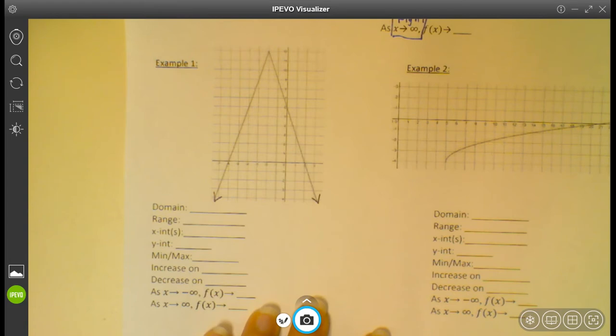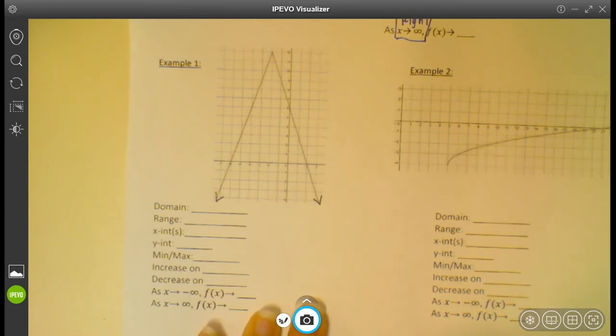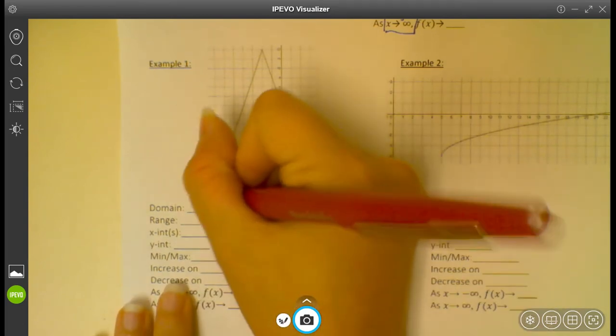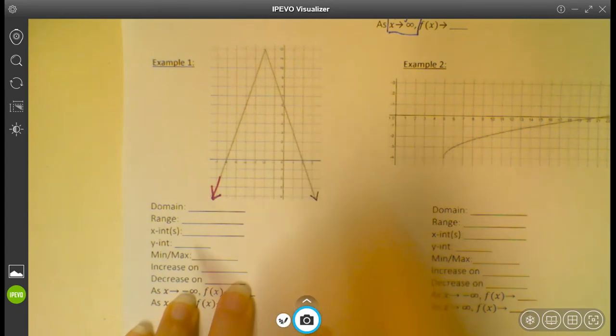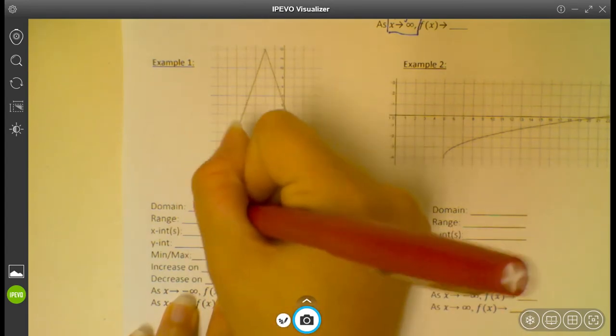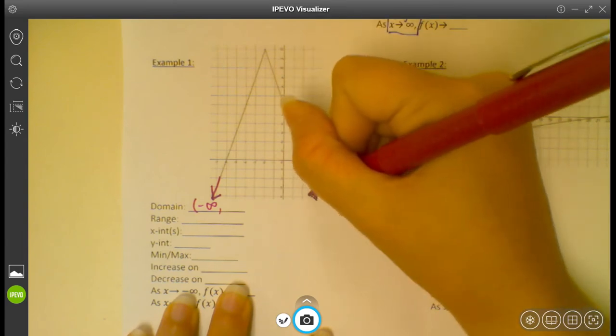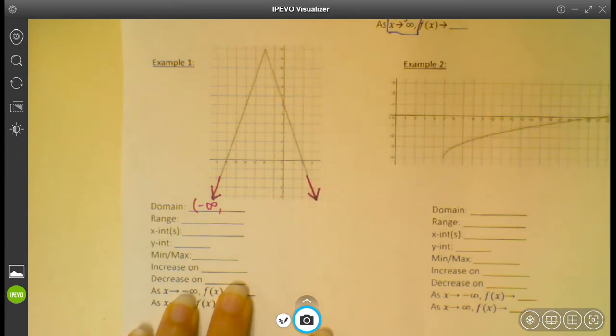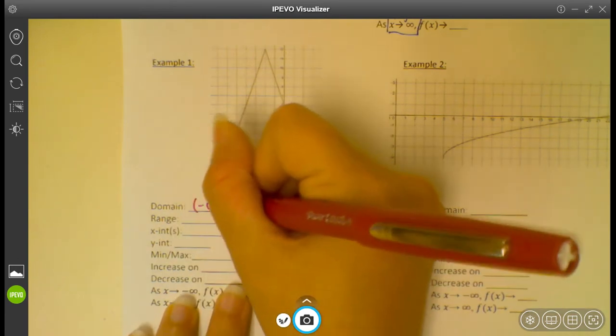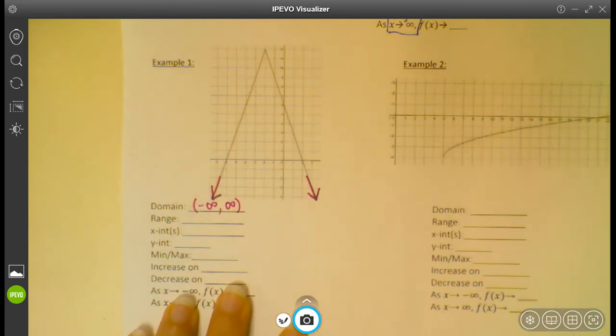How far to the left to how far to the right do I go? According to what we see, our arrows mean that we continue to the left infinitely. So negative infinity is going to start our domain. And for the far right, we are continuing out to the right infinitely as well. So since I'm going to the right, it's positive infinity.